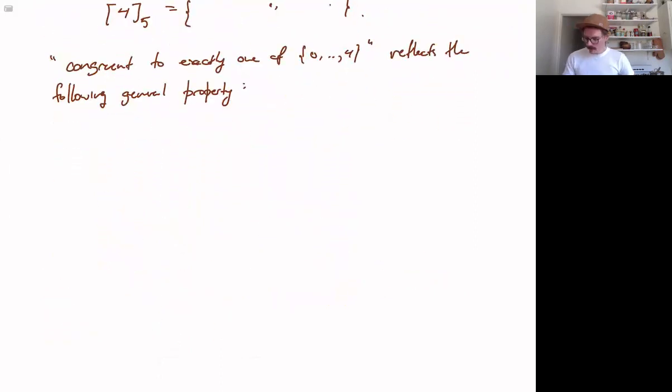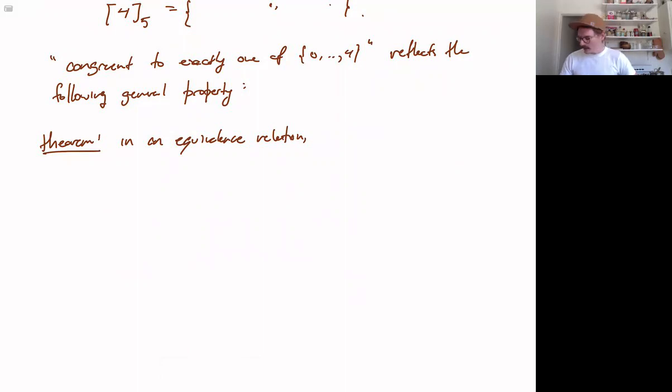Let's have a theorem. Say we're dealing with an equivalence relation. In an equivalence relation, every pair of classes are either equal or disjoint.